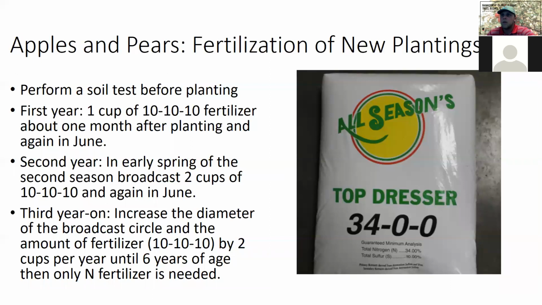The third year on, you'd want to increase the diameter of the broadcast circle and the amount of fertilizer by 2 cups per year until 6 years of age. And then at that point, only nitrogen fertilizer is needed. So like ammonium nitrate here, after year 6, there's plenty of phosphorus and potassium in the soil. You just want to fertilize with nitrogen in the spring, and you should be good to go.